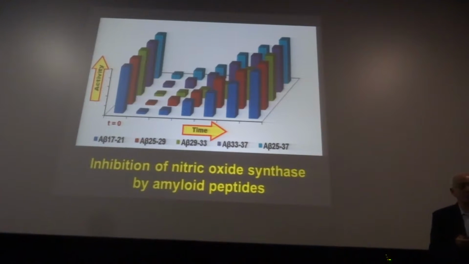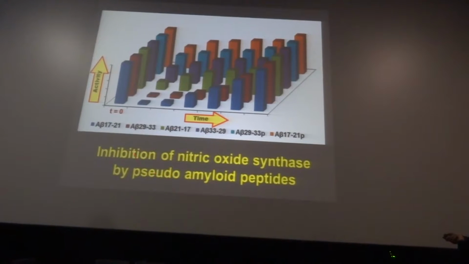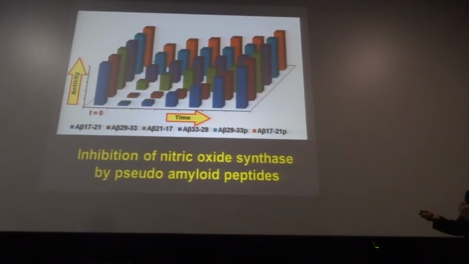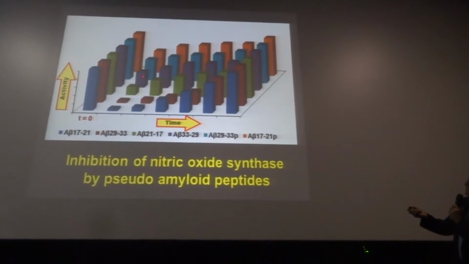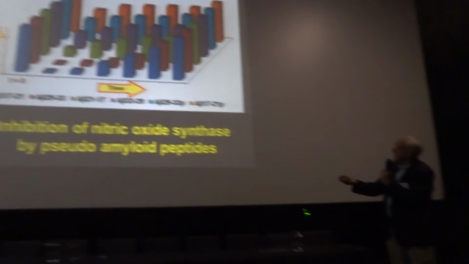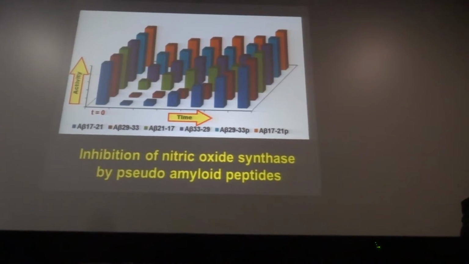an insoluble fibril. So this is the effect with the pseudopeptides, and I put in the 17 to 21 and 29 to 33 as kind of a control situation. And you can appreciate the green one and the purple and the blue and the orange. They are the other peptides, and you can see the effect is not as pronounced.